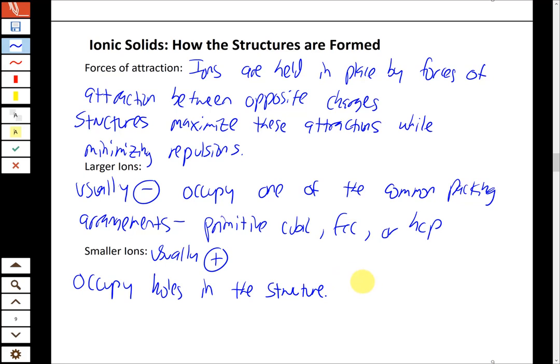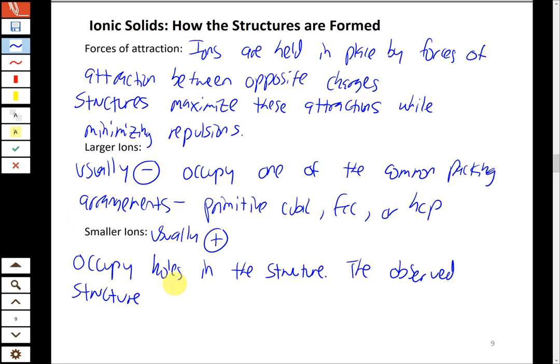All right. So the observed structure that we get and which holes are going to be occupied depend on the relative sizes of the ions.